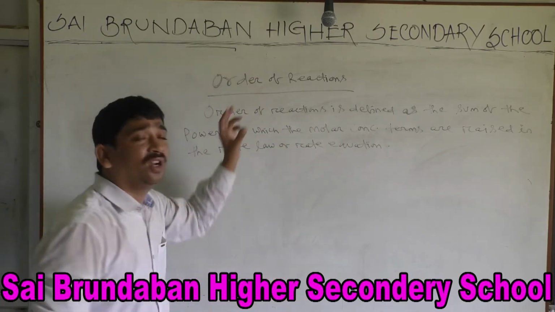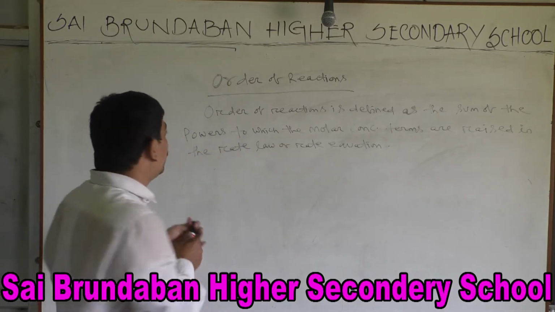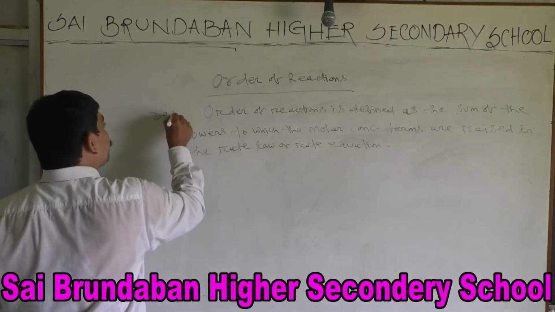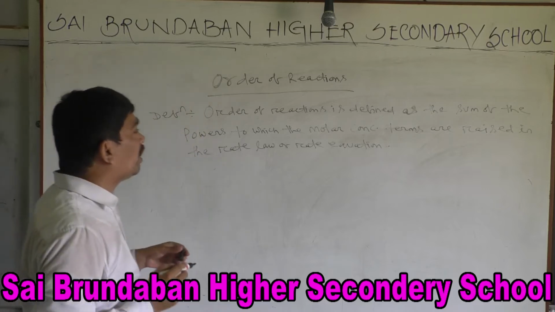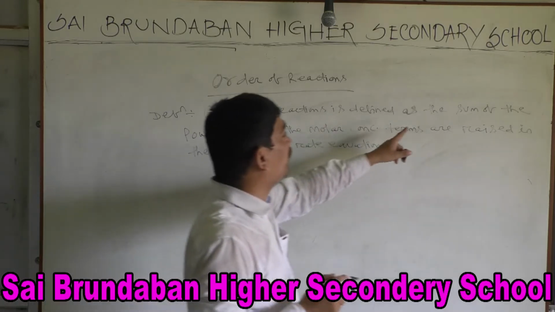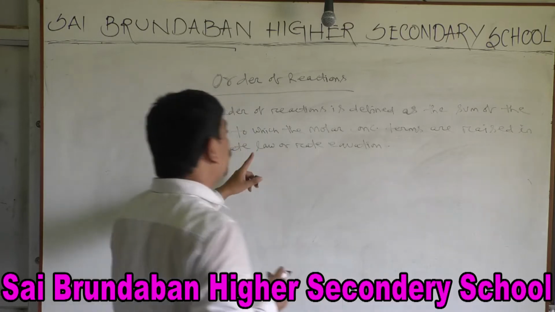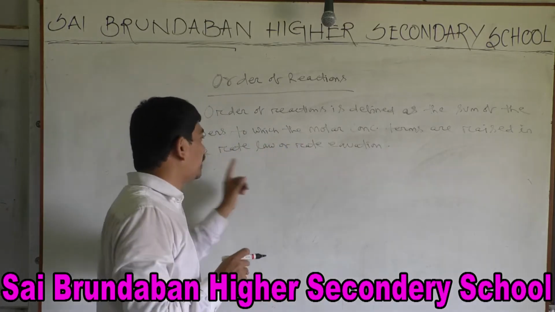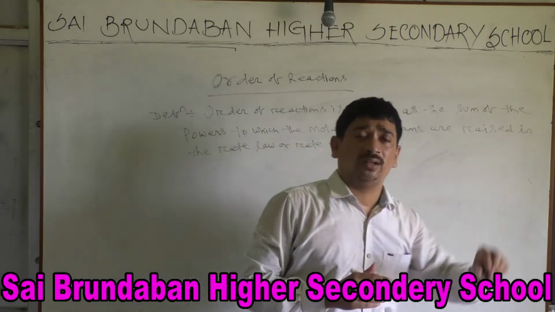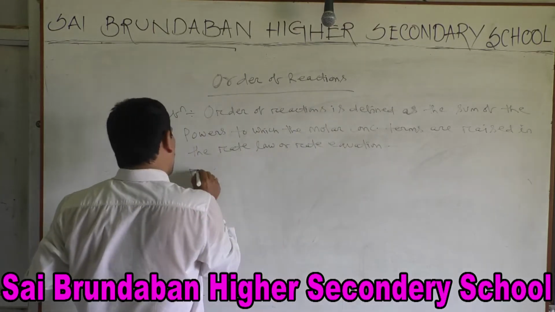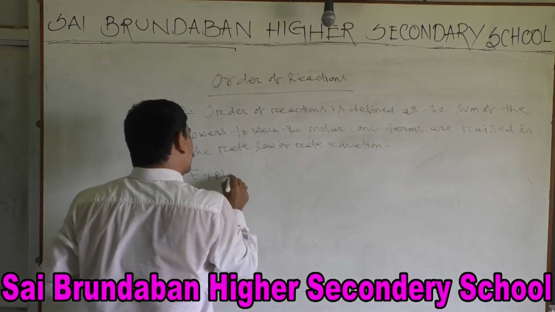So what is the definition of the order of reaction? That is the definition of order of reaction. Order of reaction is defined as the sum of the powers to which the molar concentration terms are raised in the rate law or rate equation. Let us explain this, how it is explained.